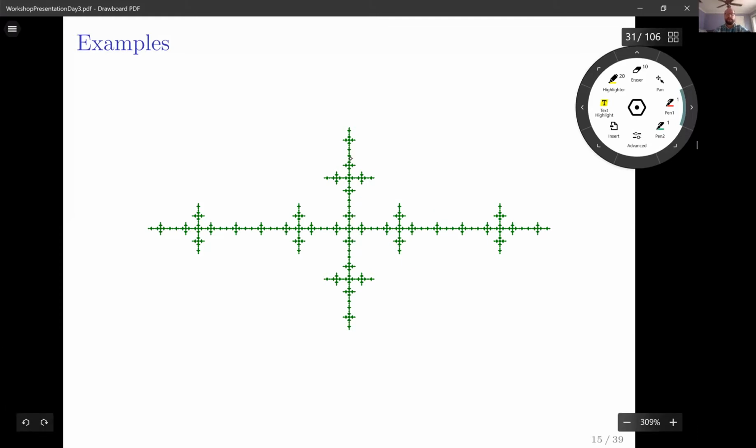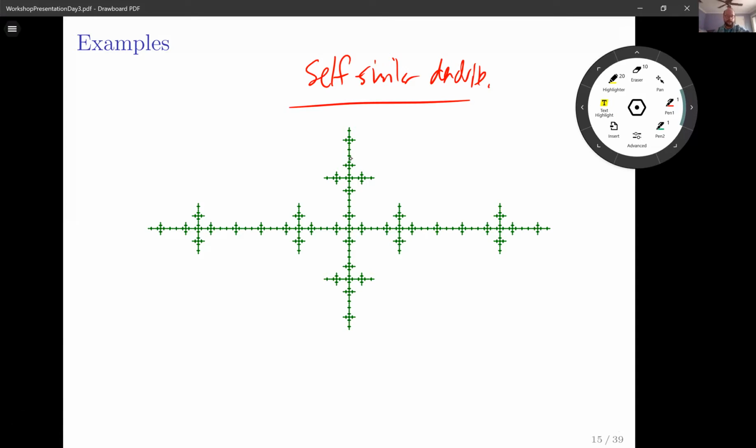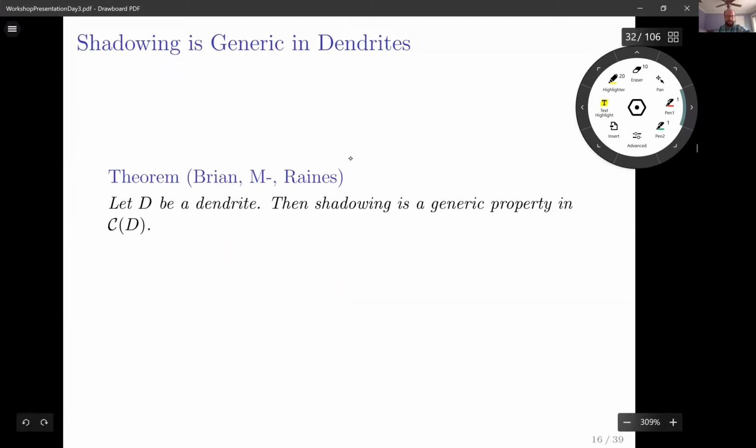So we have here an example of what we might call a self-similar dendrite. And of course, we can only ever hope to draw a finite approximation of something like this, but we can see that intended here is that the branch points are in fact everywhere, and the endpoints are also dense.